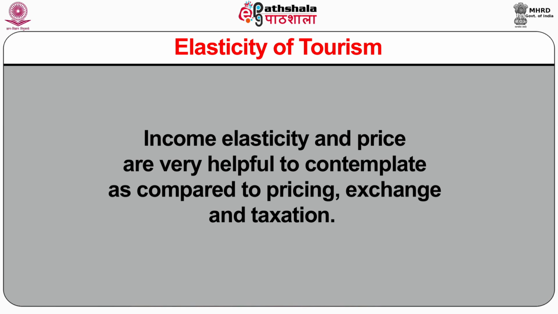Income elasticity and price elasticity are very helpful to contemplate as compared to pricing, exchange and taxation. A large array of products are present in tourism and it is really hard to obtain appropriate measures of prices to estimate the price elasticity of demand.